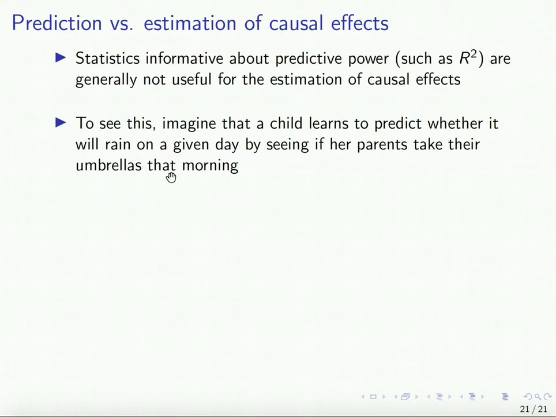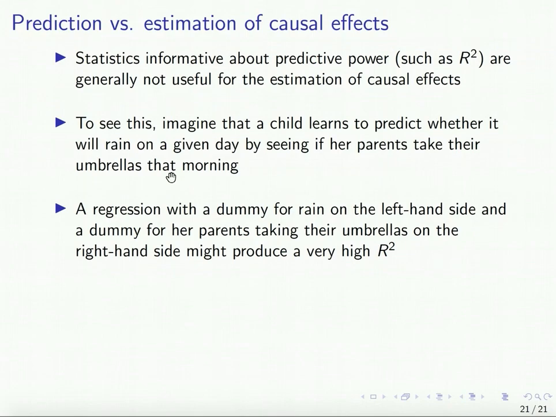So you could think of a model in which your dependent variable is the probability of rain, and your independent variable is a dummy variable, my parents took an umbrella. If you do so, then you're going to have a very high R squared. And again, that would be right. As a child, you're going to predict very accurately whether it's raining outside by just looking at your parents taking an umbrella.